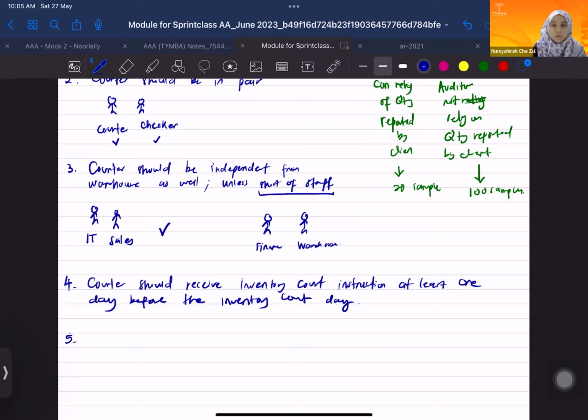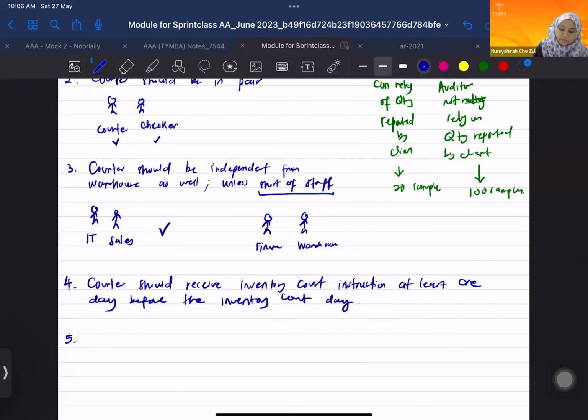They have some ideas on what to do on that inventory count. We want to make sure that during that inventory count day, all the process will be smooth. So that's why we must distribute inventory count instruction at least a day before.